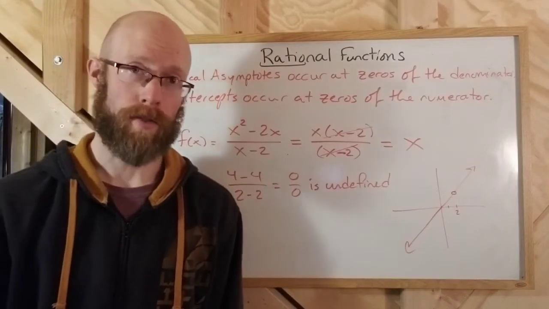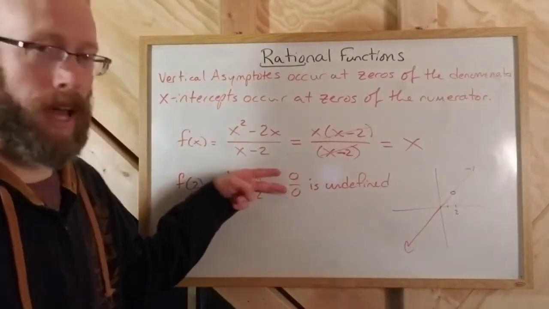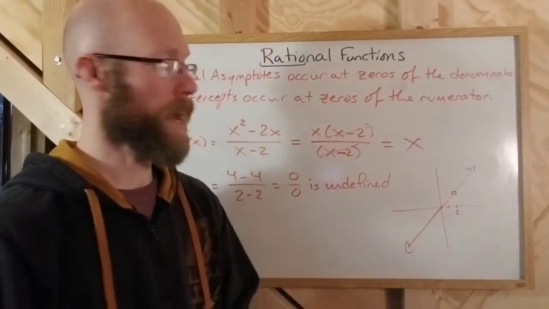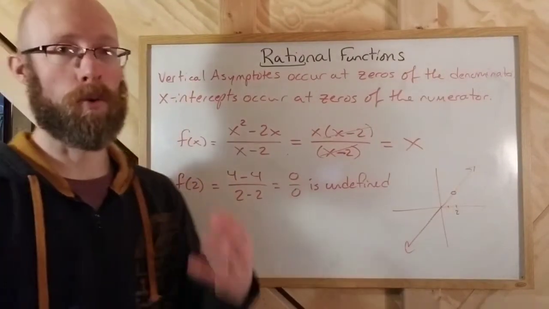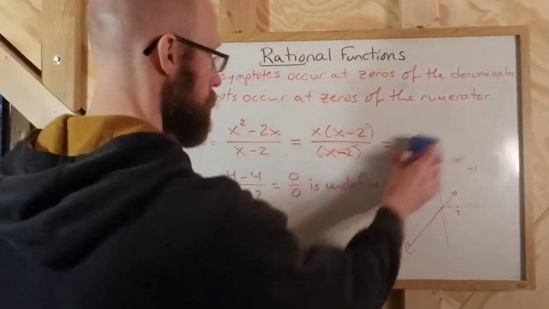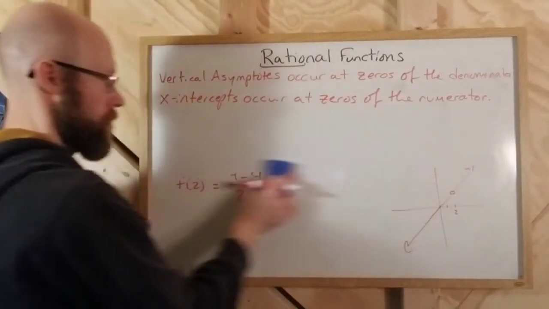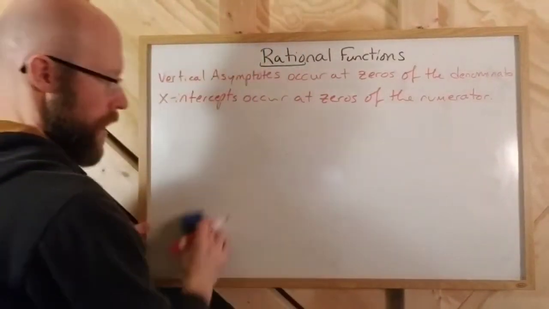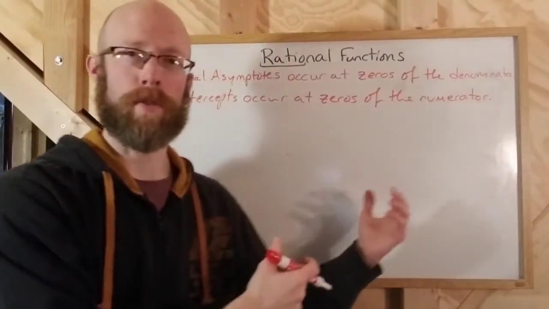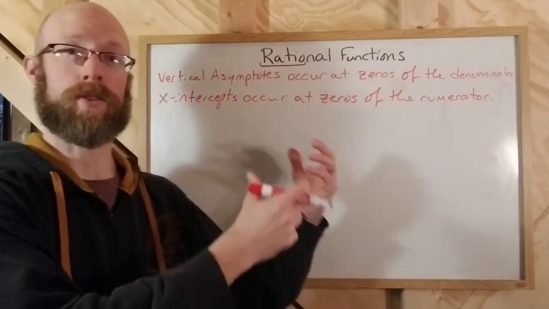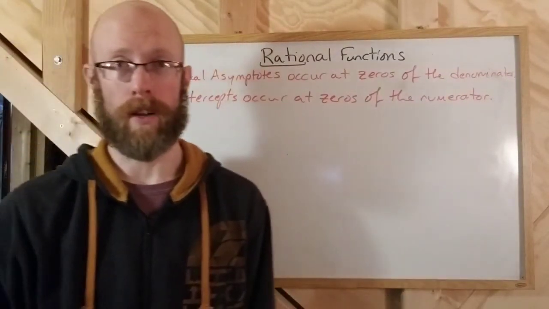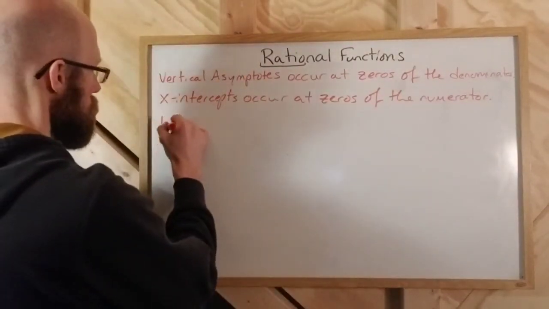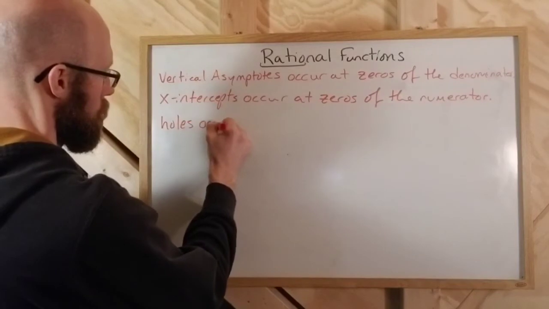A hole in a graph occurs when both the top and the bottom are 0. So holes occur at zeros of both the numerator and the denominator. The rest of the graph of the simplified function will be the same as the graph of the unsimplified function except for the holes.